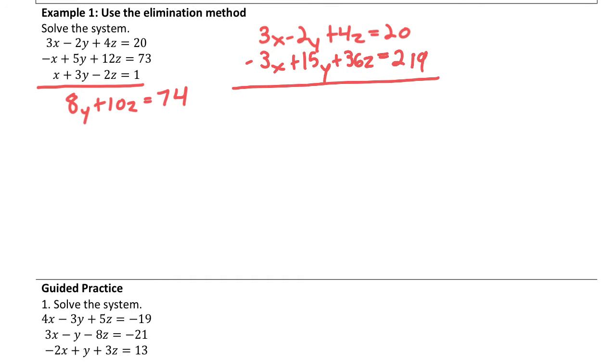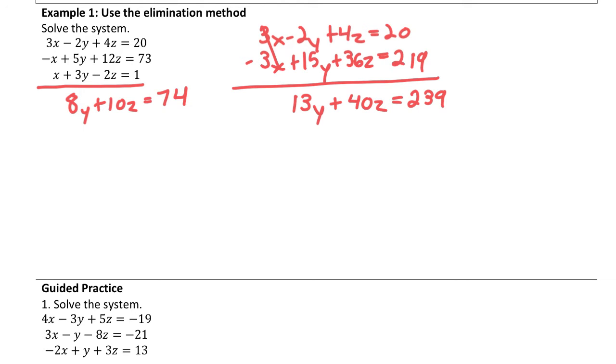And then I add those together, and I should see that 3x and negative 3x cancel. So this becomes 13y plus 40z equals 239.